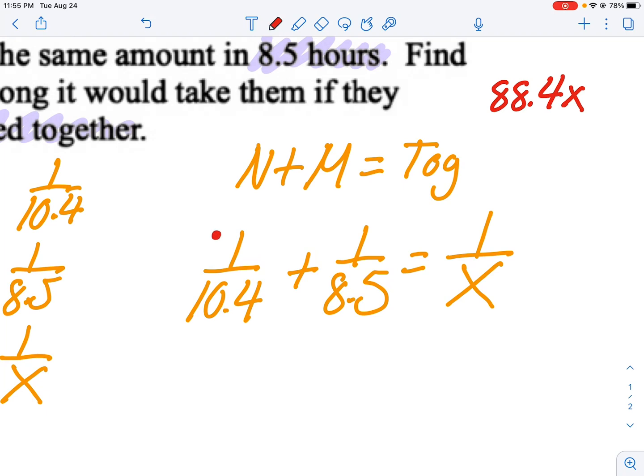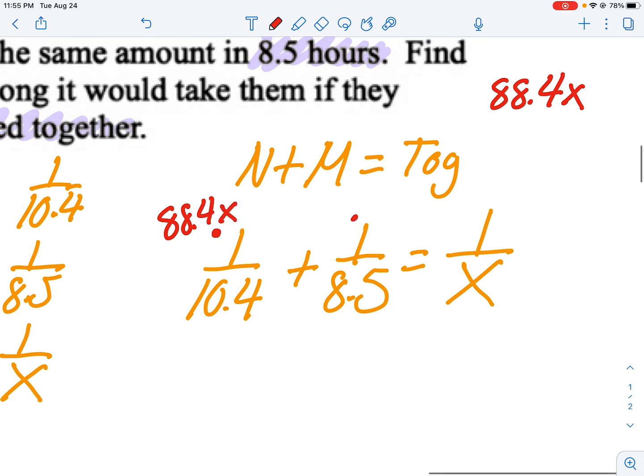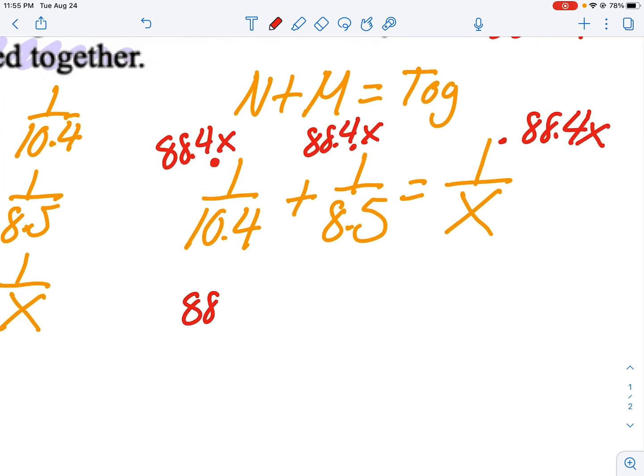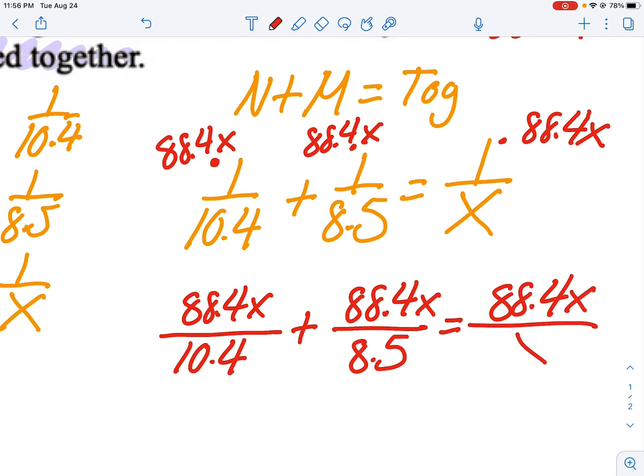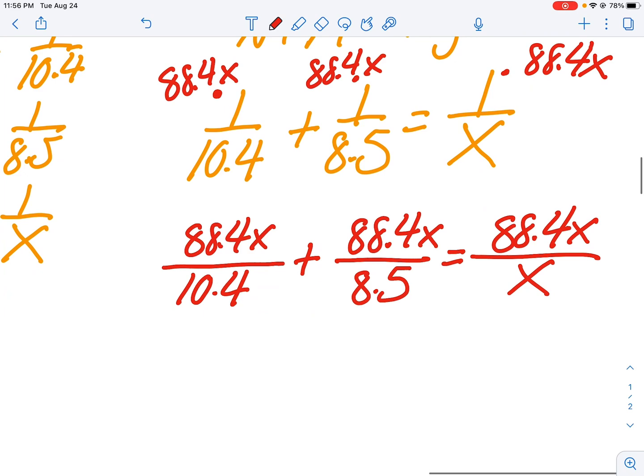So this is what we're going to multiply to each fraction: 88.4x times 88.4x over 10.4 plus 88.4x over 8.5 equals 88.4x over x, right? So we're going to do this first.